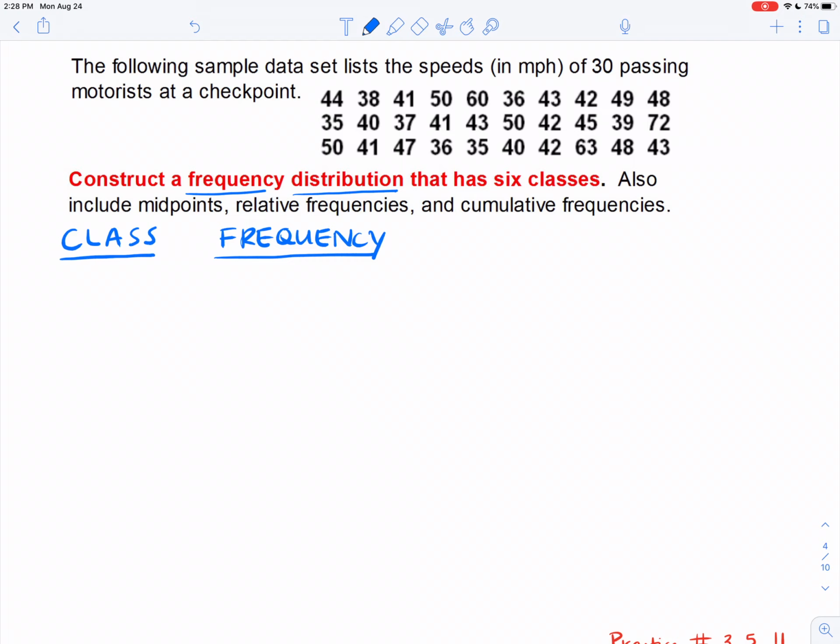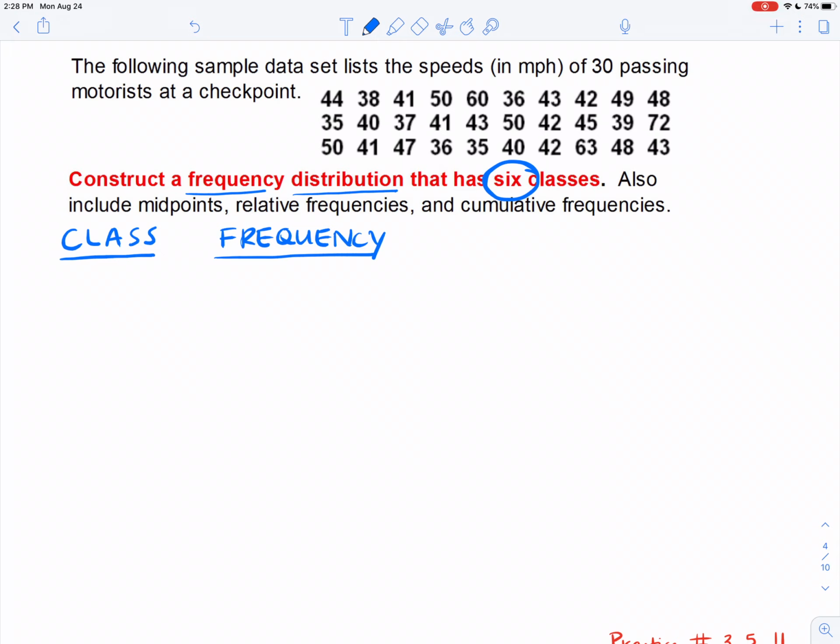And I am told here that my frequency distribution should have 6 different classes. You'll always be told how many classes, and that's an important part here because that plays a part in how wide, the width, that each of your classes should have.